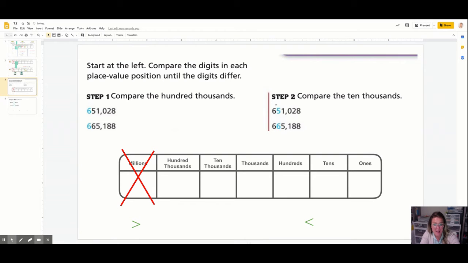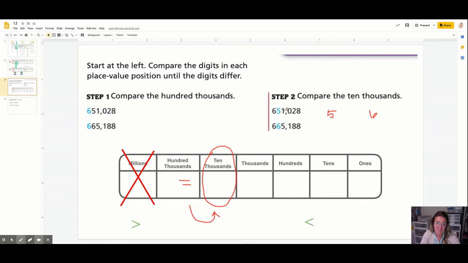Then we go to the right and we compare our next digit. In this case, this is the 10,000s spot. So we said the 100,000s were equal. We better move to the right and see if these are equal. These are not equal. The 5 and 6 is what we're comparing here.